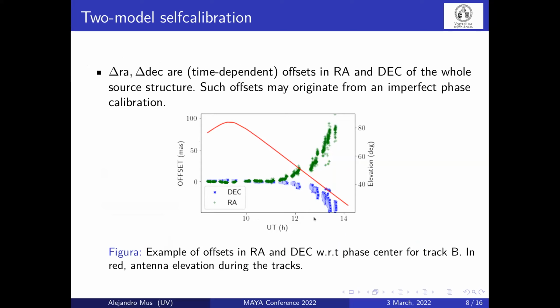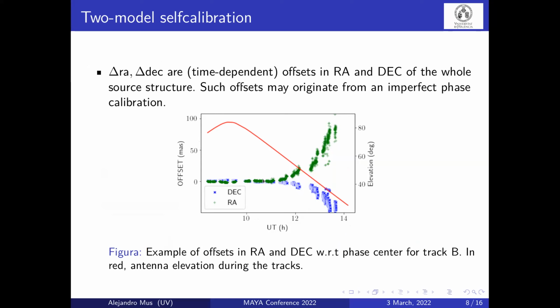In this example, I took one particular epoch. In crosses or blue, there is the declination offset, and in pluses or green, the right ascension offset. In continuous line or red are the antenna elevations. We can see how the offsets, while the antenna elevations are high enough, are almost zero.